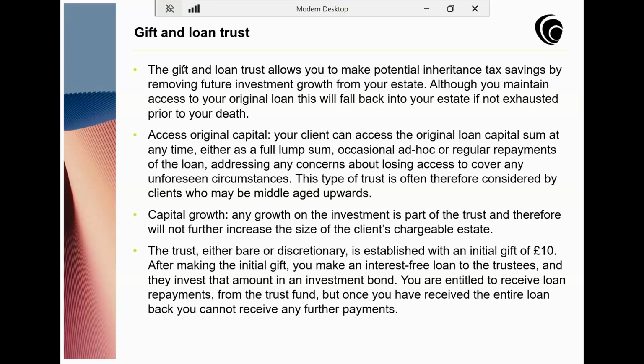Where therefore you may question, are the IHT benefits? Well, the IHT benefits in the planning is through any future investment growth that trust may make, and that's owned by the beneficiaries, the trustees, rather than you being able to access that money at any time.